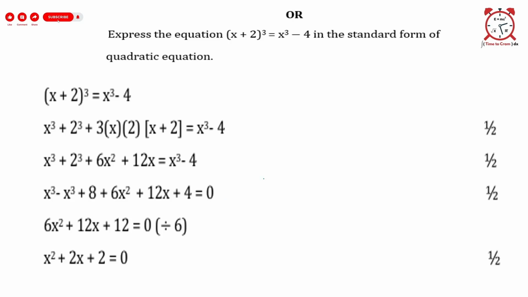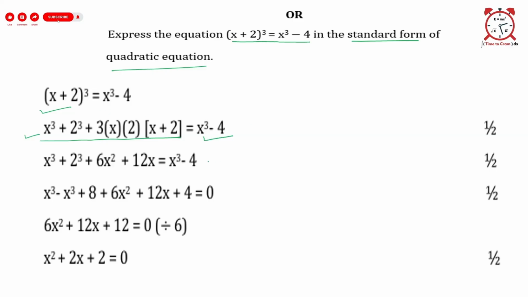Next question: here there is an internal option, and again the question is from the same lesson, quadratic equations. Express the given equation in the standard form of a quadratic equation. Let us simplify it. Here we have to use the cube formula, the cube identity. So this is the cube identity, and here the term is as it is.